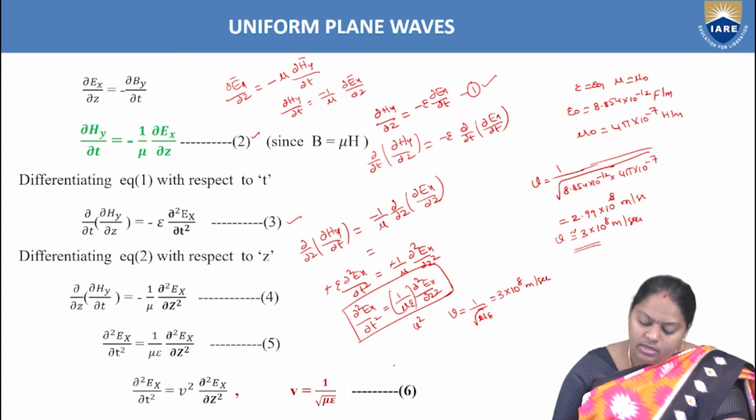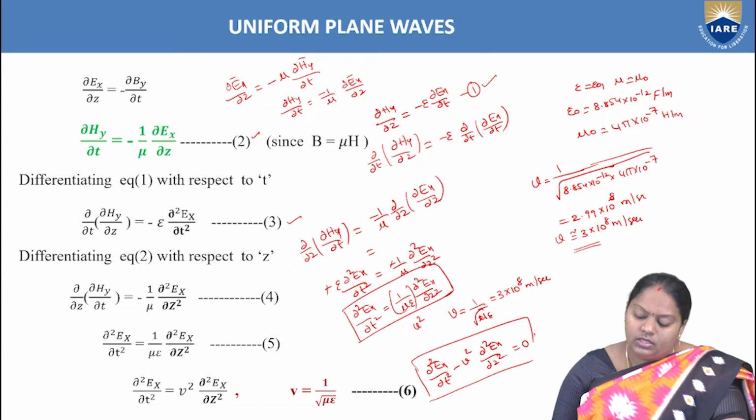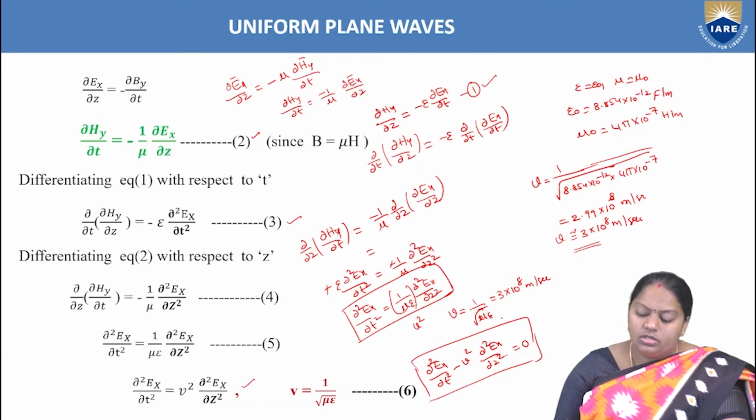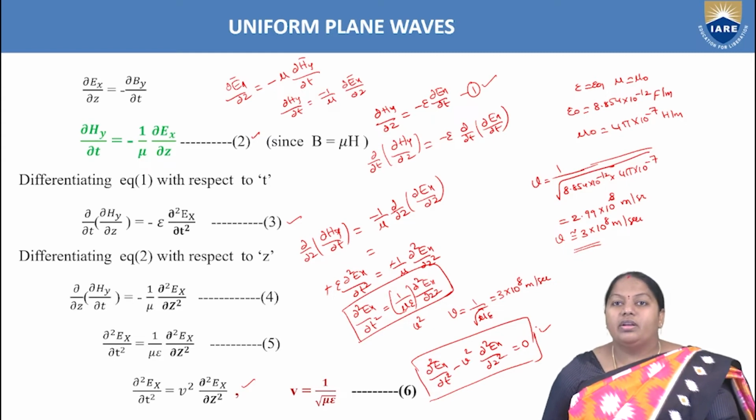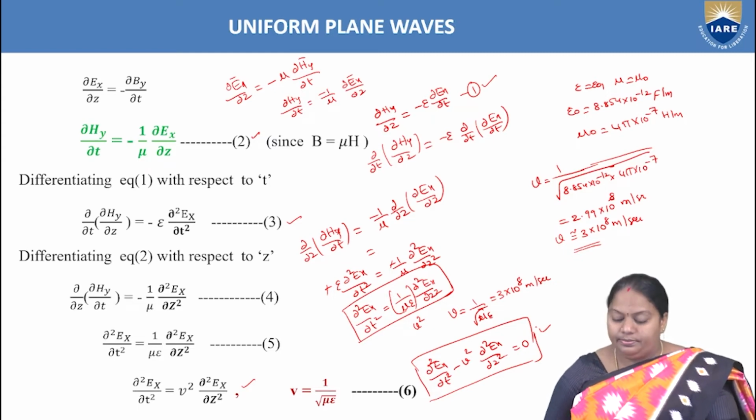Or we can write this equation as ∂²Ex/∂t² minus v² ∂²Ex/∂z² equals 0. Either of the equations can represent the uniform plane wave equation or electromagnetic wave equation.